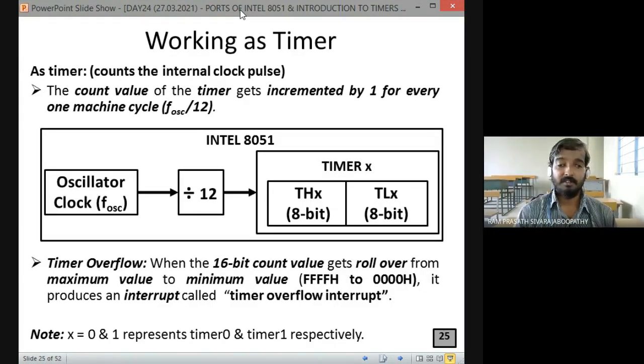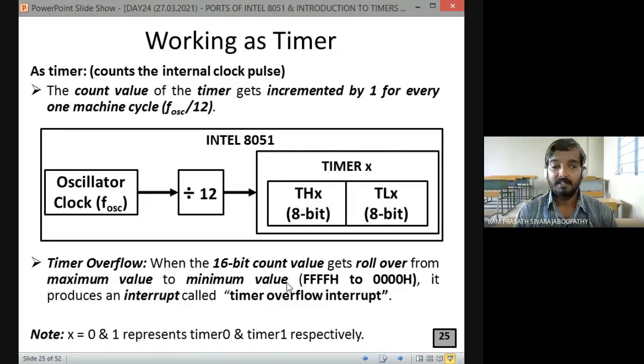So with this we will stop today's session. Timer overflow means when the 16-bit count value rolls over from the maximum value to the minimum value. What is the maximum value you said? F. After that, when one machine cycle comes, the count is incremented. After incrementing, the count becomes 000H, the initial count value.